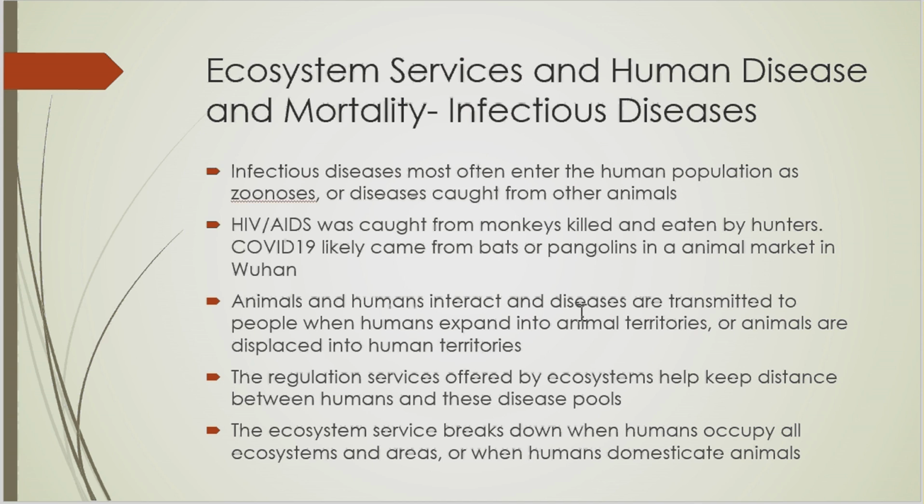Okay, in that case, something which may be in pigs or cattle or something like that, which humans are in close contact with, may mutate and cause a more virulent disease to arise.